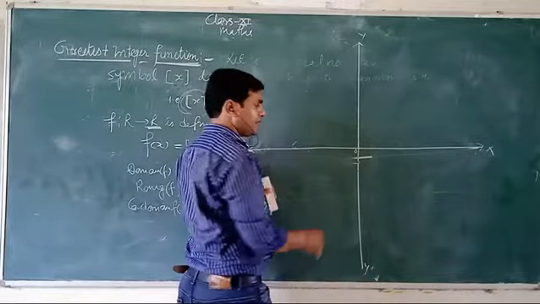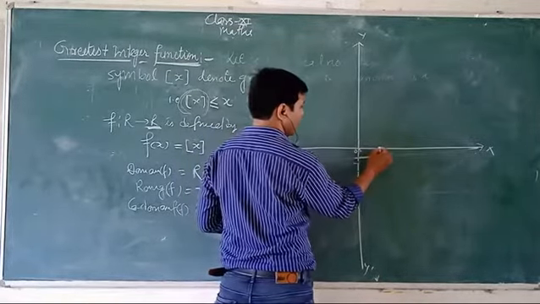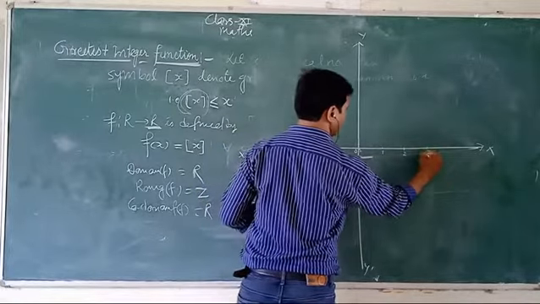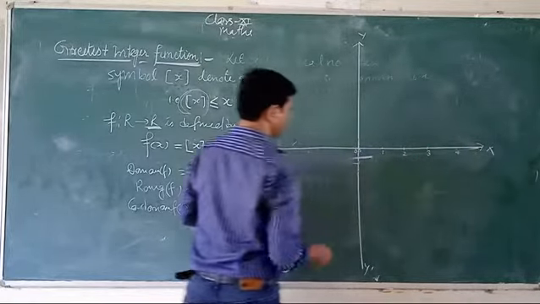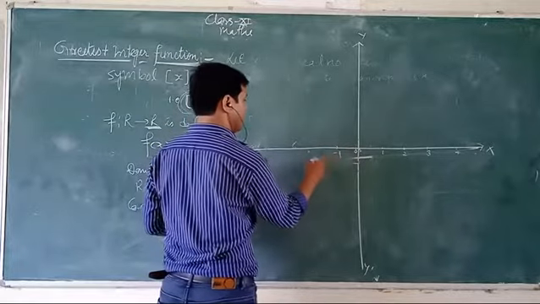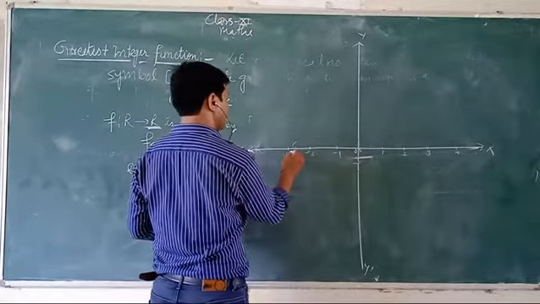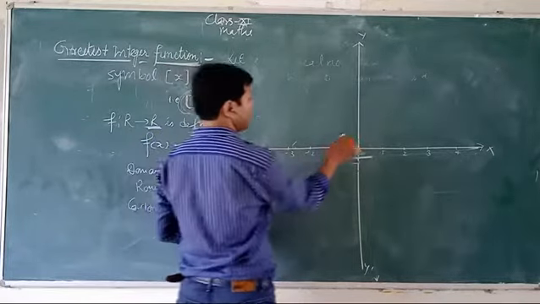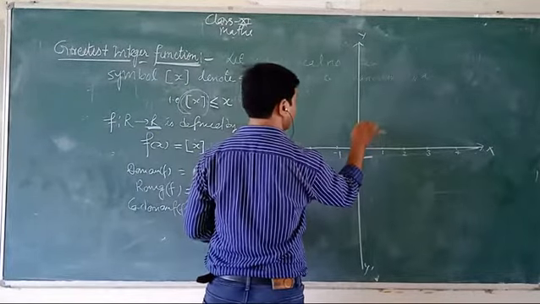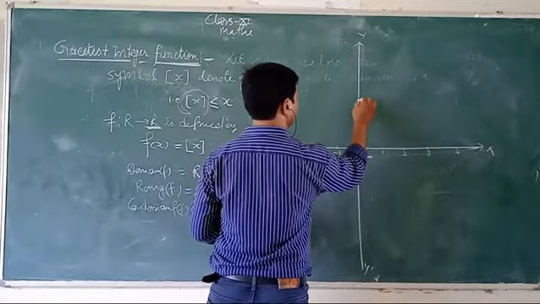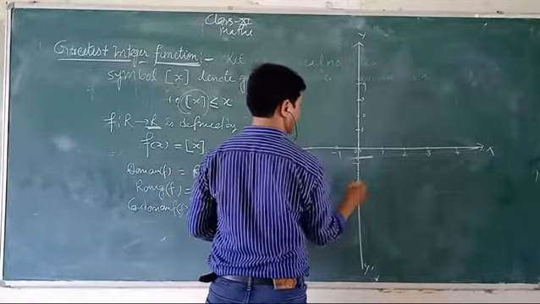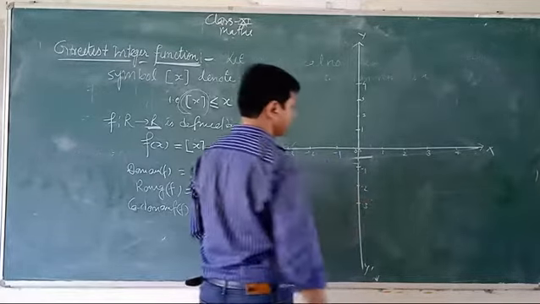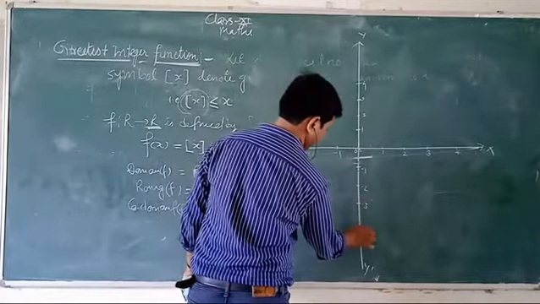Let us suppose that here is the 0, here the 1, this is the 2, 3, 4, minus 1, minus 2, minus 3, minus 4. Here on the y axis, 1, 2, 3, 4, minus 1, minus 2, minus 3, minus 4.